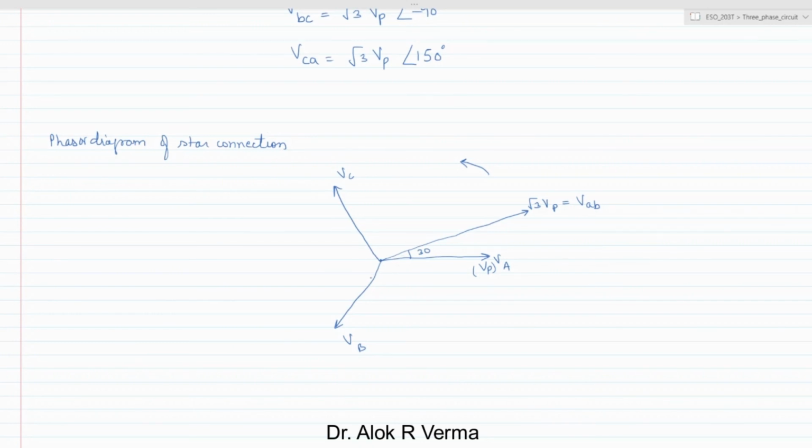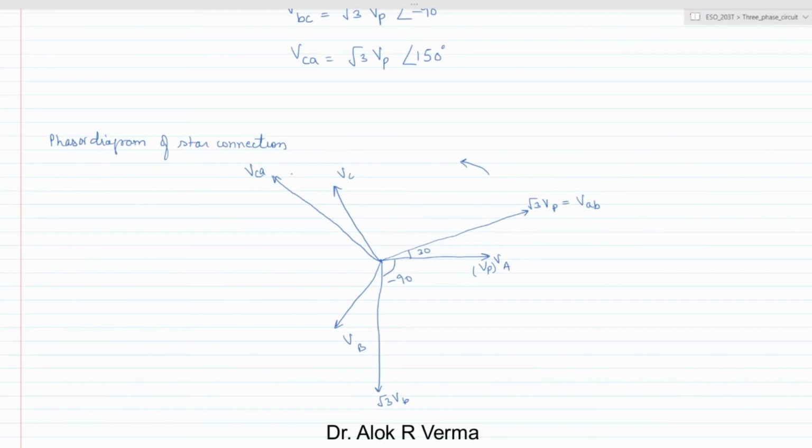Similarly, you have VBC. VBC is root 3 times VP, so the magnitude will be of the same length. This is root 3 VP and the angle will be minus 90. Similarly, this will be VCA.